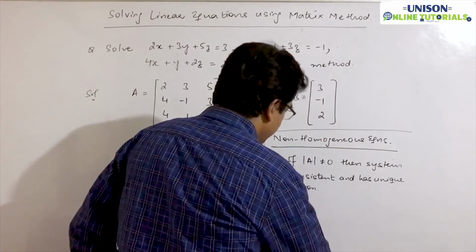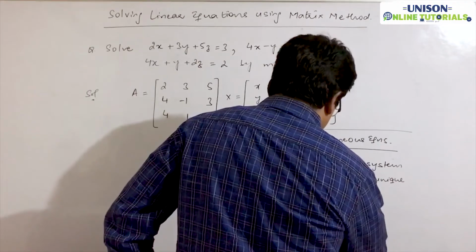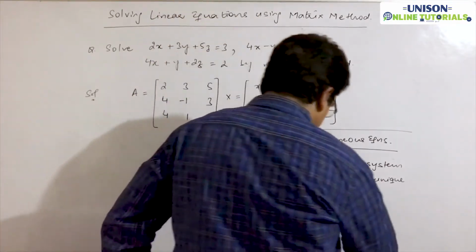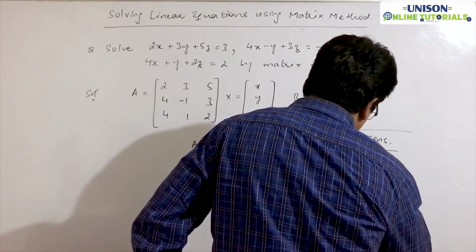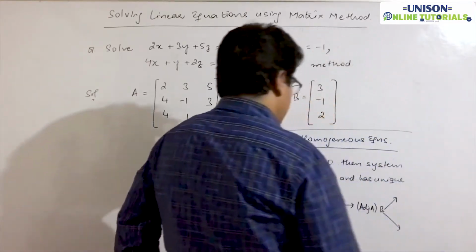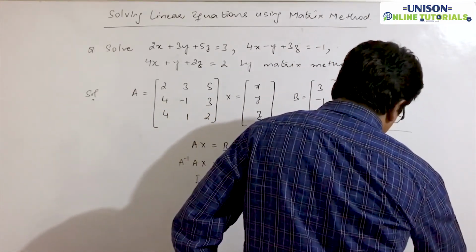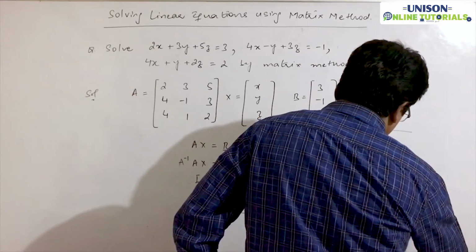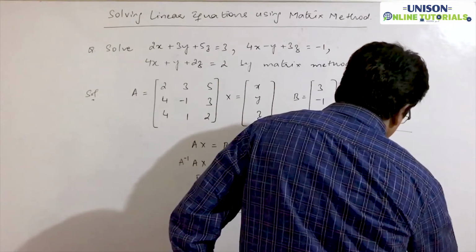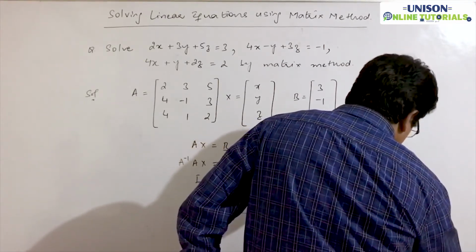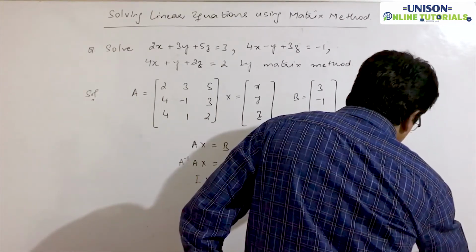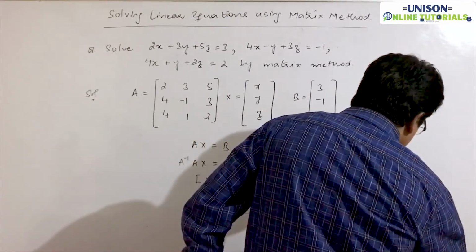Second, if determinant of A is equal to 0, then we have to find adjoint A into B. And if adjoint A into B is not equal to 0, then there is no solution, and we call it inconsistent. And if this is equal to 0, then it has infinite solutions, and we call them consistent.